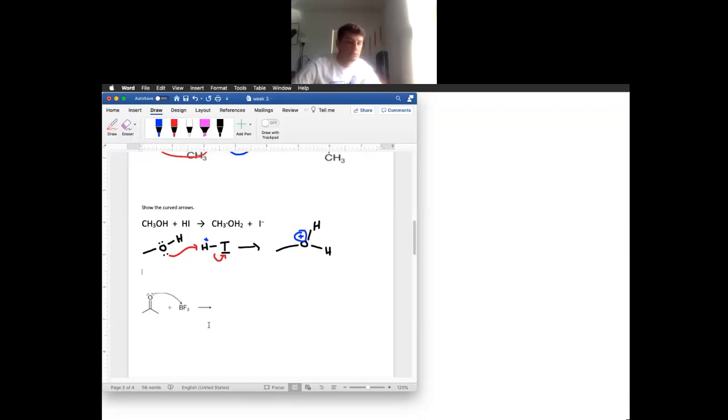Yeah, and just to add to that, I mentioned this in our Monday class as well. Keep in mind for this week's activity, when the base is attacking your acid, the arrow is always starting from the lone pairs and going to where it attacks.